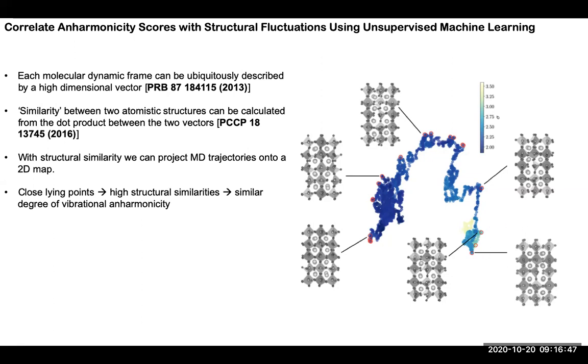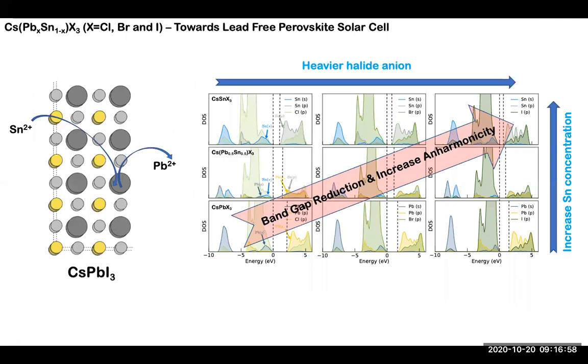That means there's a certain correlation between how much the structure changes when you vibrate and the corresponding vibrational anharmonicity. And what happens in another system, where we look at how the anharmonicity changes when you substitute lead by tin, because lead is a toxic element, when you want to replace it by tin.